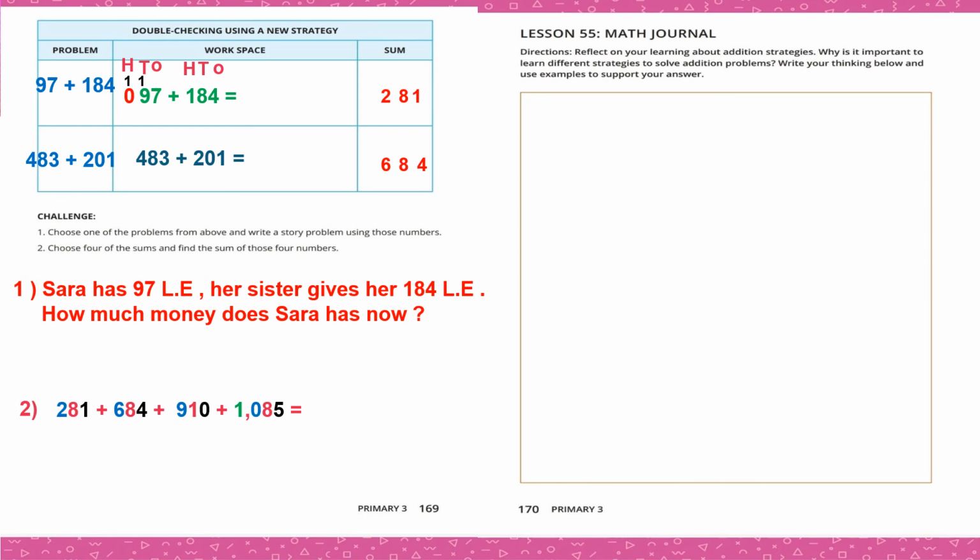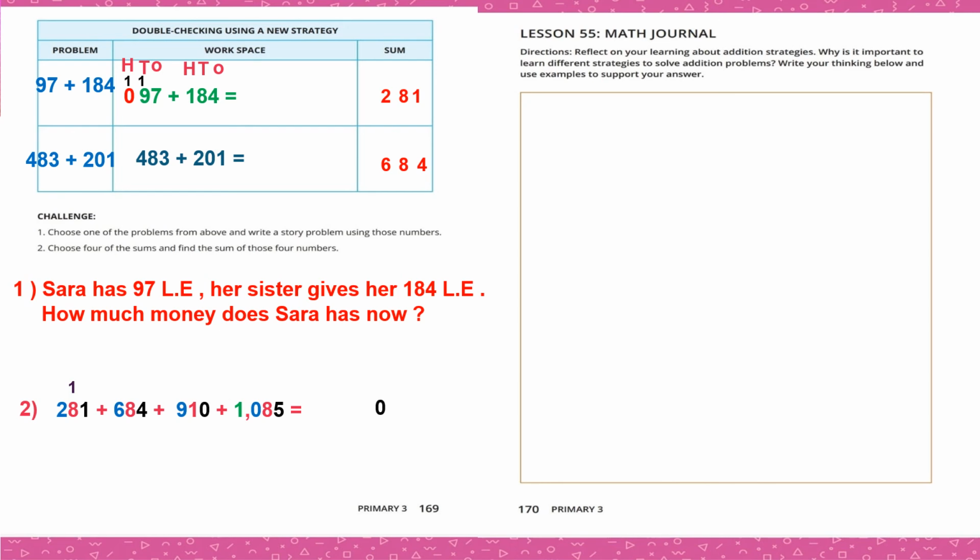So here look at the ones of each number. 1 plus 4 plus 0 plus 5. 1 plus 4, 5. 5 plus 0, 5. 5 plus 5, 10. Put 0 and carry up 1 to the next place.